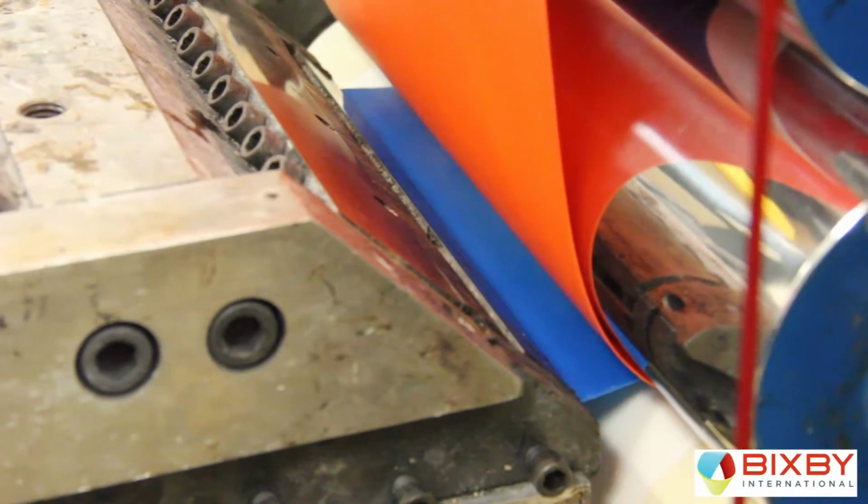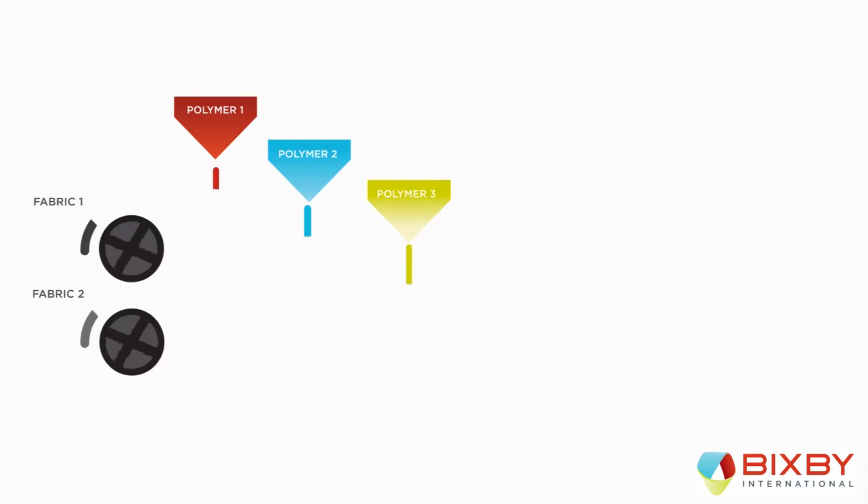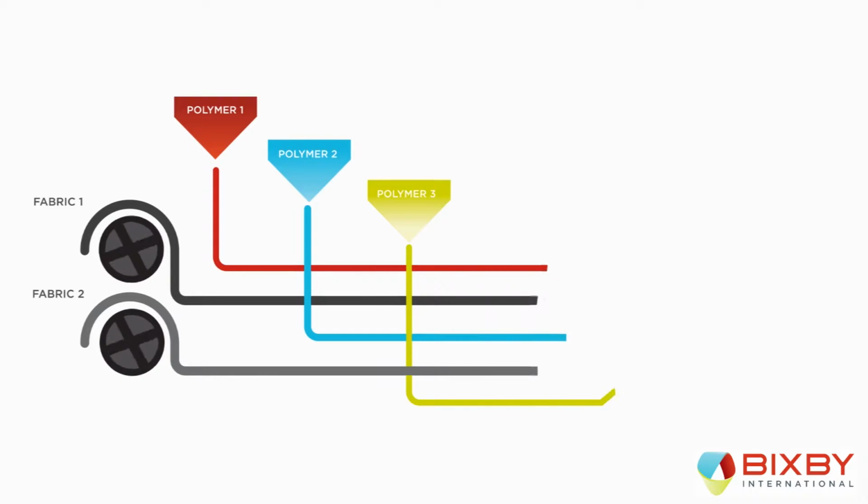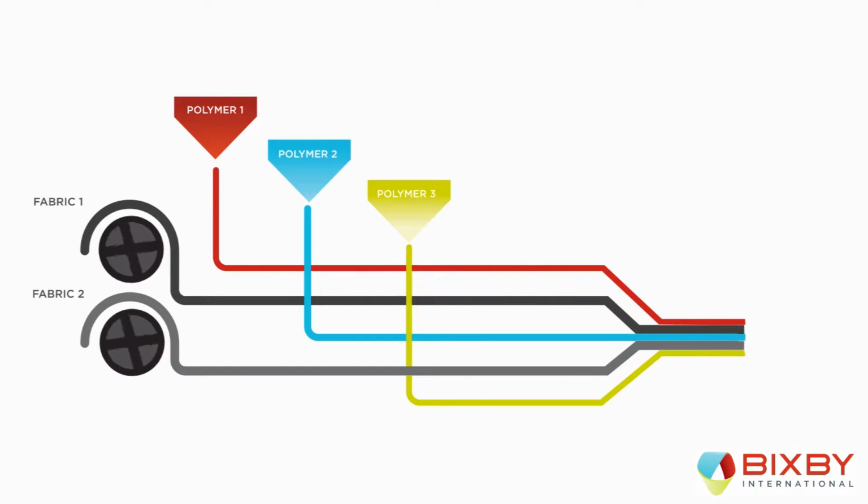If any of the functional layers are found to be incompatible, so the foam isn't bonding well to the extruded substrate, Bixby can modify the tie layer chemistry by taking two different compounds or additives to make that tie layer compatible to both the superstrate and substrate. Additionally, you could surface treat any of the superstrates or substrates being used. So you could take your foam and corona treat that foam to give yourself more surface energy to improve the bond.